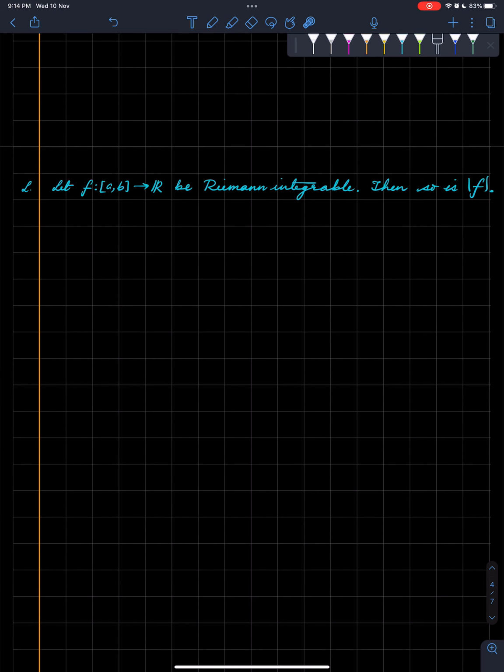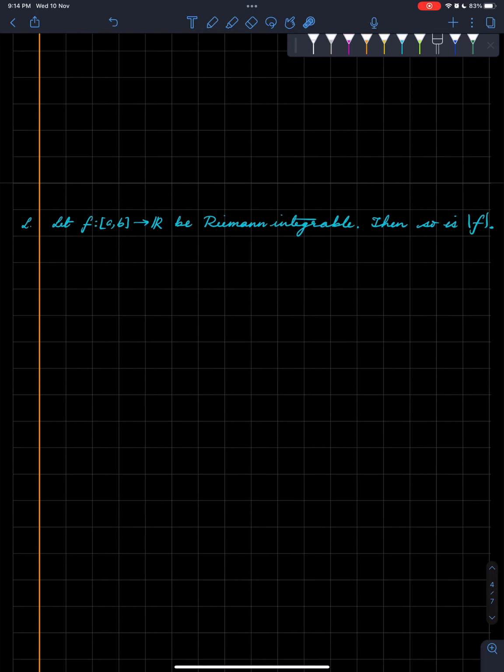A little bit more involved will be this one. So okay, let's prove this. What we are saying is, suppose we have a Riemann integrable function, then its absolute value function is also Riemann integrable.